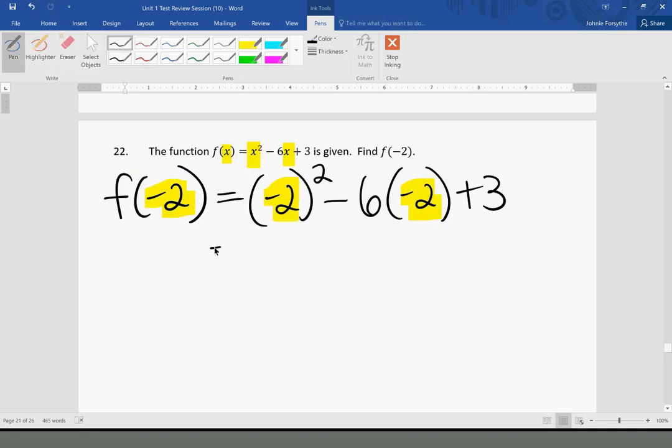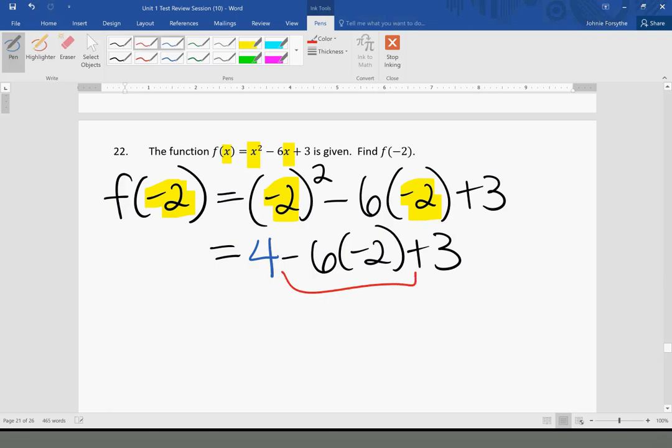And then we're going to follow our order of operations. We do exponents next because there's nothing to do within the parentheses. So -2 squared is -2 times -2, which is positive 4. Let's bring down everything else. Next we're going to do our multiplication.